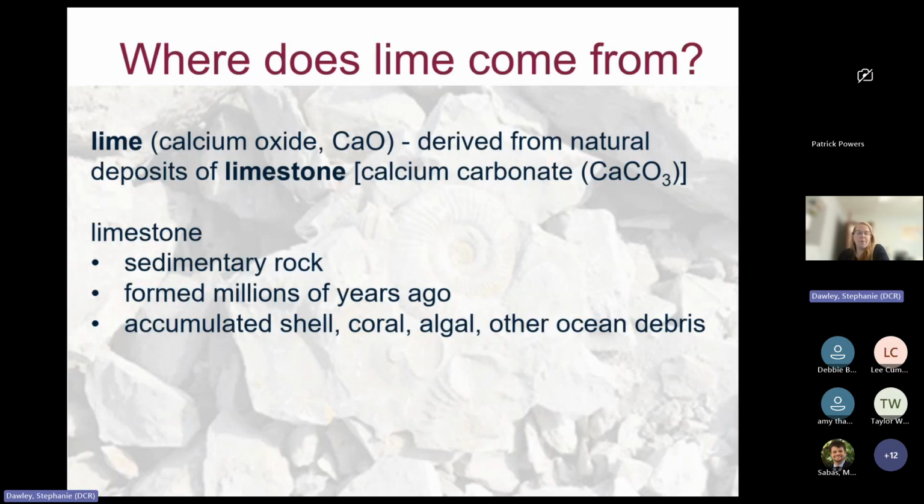It is derived from limestone, which is calcium carbonate, CaCO3, which is a sedimentary rock formed millions of years ago, and it's accumulated through shell, coral, algae, or ocean debris. So if you have a driveway that you put a lot of shell down in, I know a lot of oyster shells are around here, you could have a potential great source of lime just sitting in your driveway.